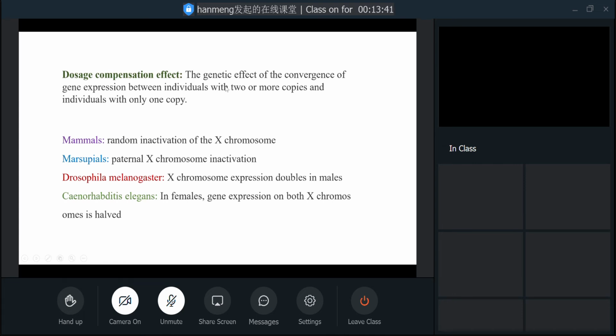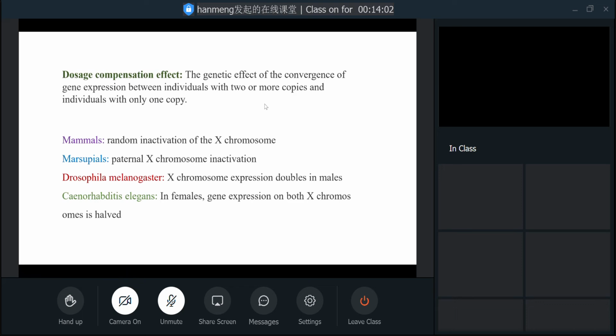But not all species use the same way to ensure the same genetic material between male and female.